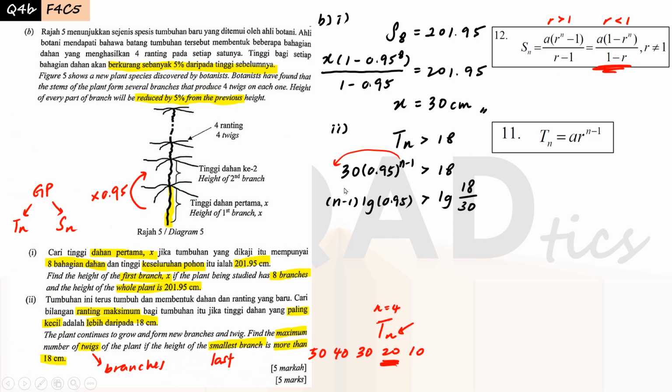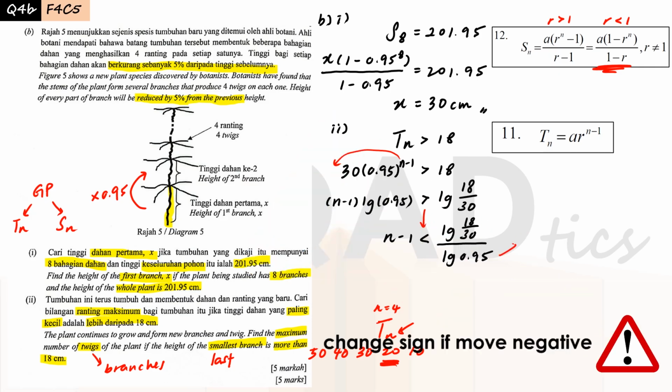So we can pull the n minus 1 down, and we need to move this to the right side. Make sure to change the direction of the sign, because this value is negative. You can plug it into a calculator, but this is a negative value, since log of values lesser than 1 is always negative.